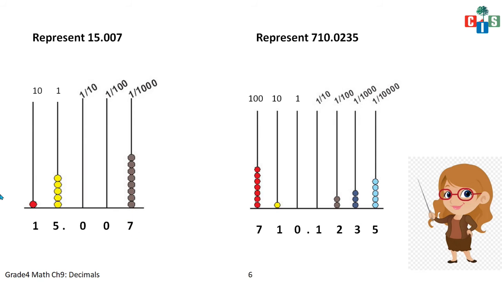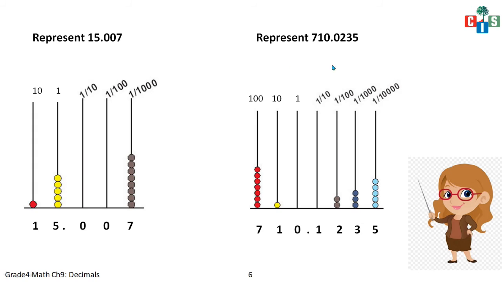So this is how we will represent 15.007 on the abacus. Clear? Kids, this will help you solve exercise 9.1. It's very easy and you know the abacus. Okay, so pay attention and you will have 9.1 as your homework.